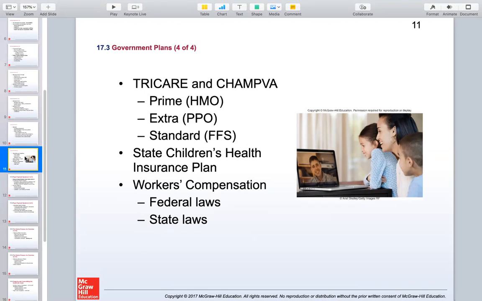TRICARE for Life is more for the Medicare eligible military retirees and their family members. So when you see TRICARE for Life, these are your 65 and older Medicare patients or Medicare qualified patients. So it's very similar to Medicare, but it's again through the government for the Defense Department. CHAMPVA, let me just switch over.